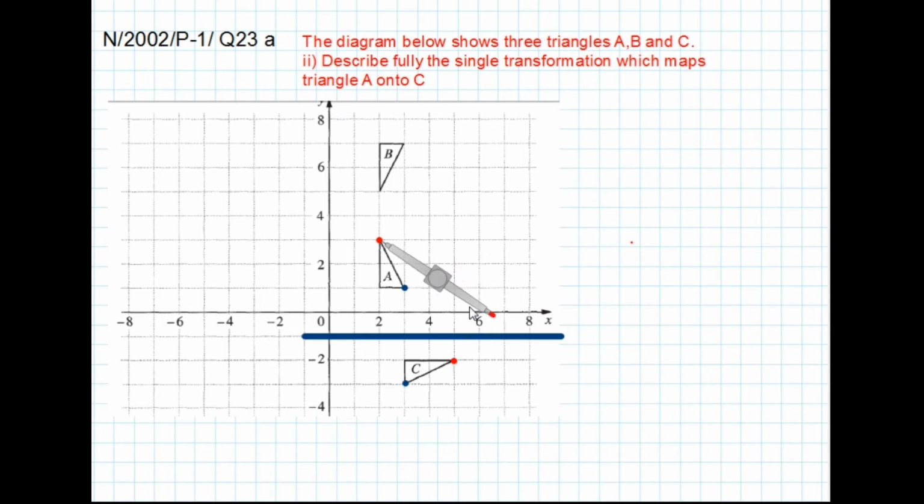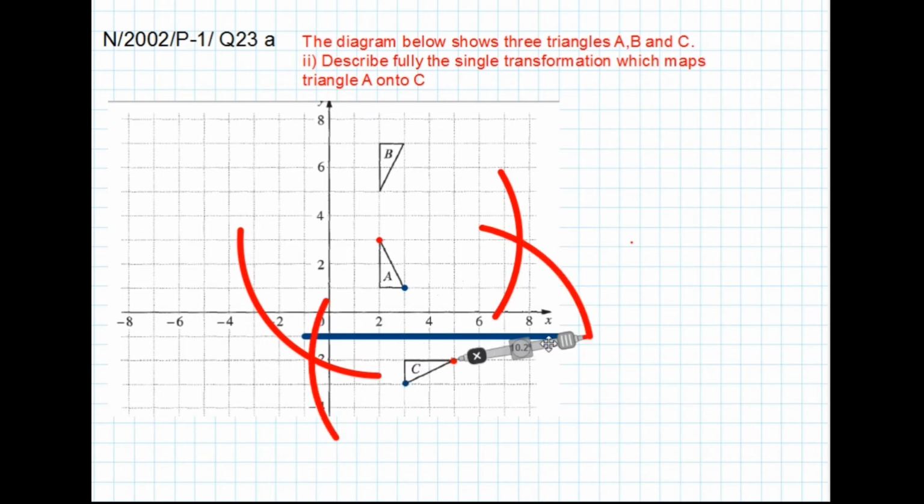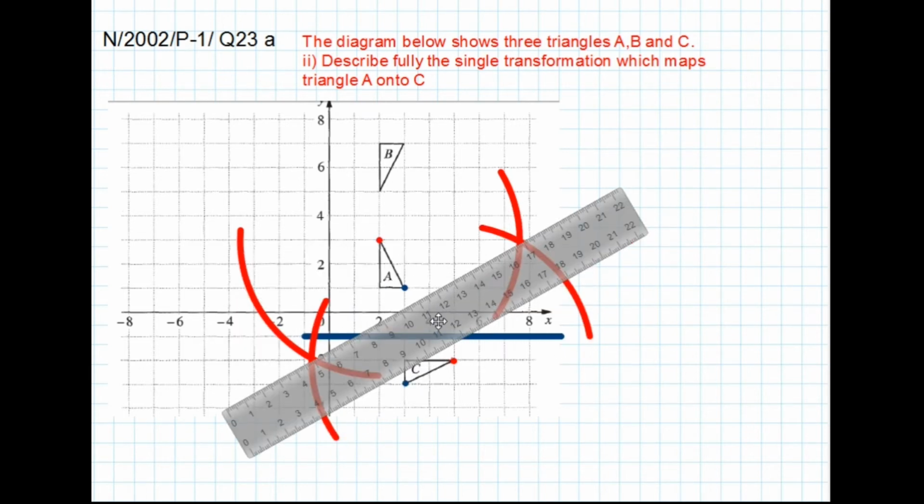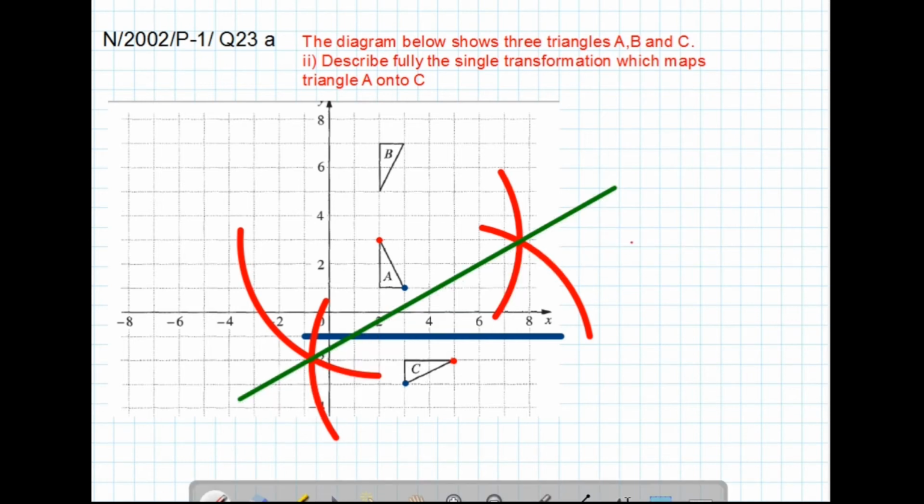Their distance cannot be divided easily, so we use a compass to draw the perpendicular bisector between them. Since there is more than one bisector, the type of transformation is rotation. The point of intersection of the two perpendicular bisectors is the center of rotation, (1, -1), as shown in the figure.